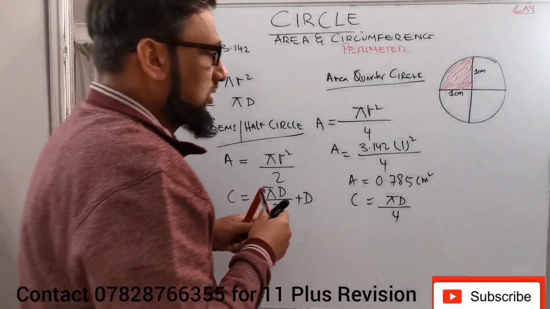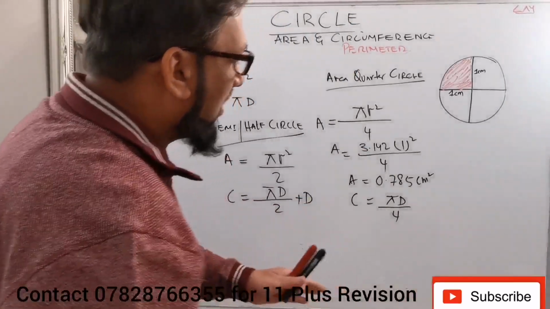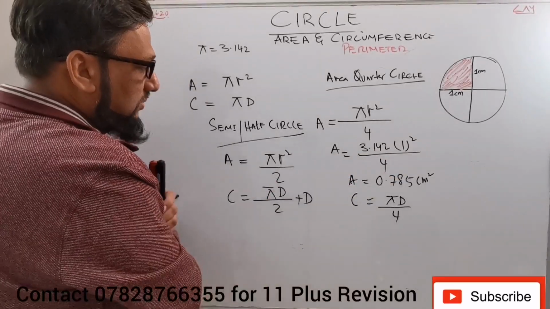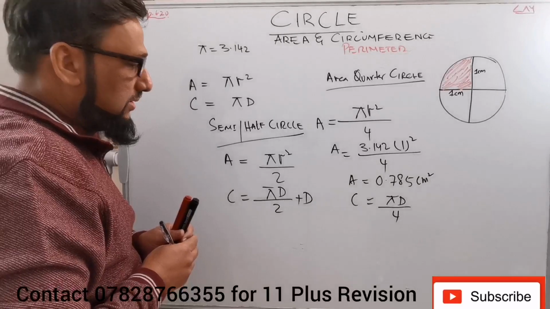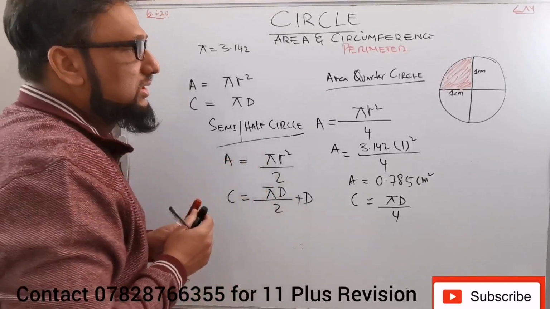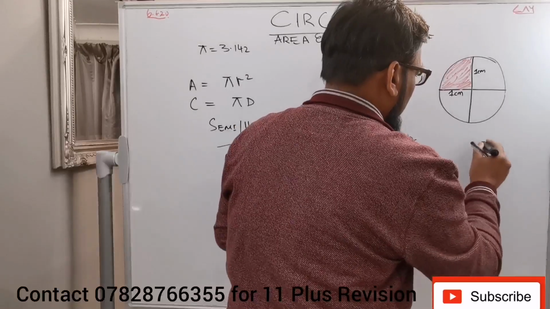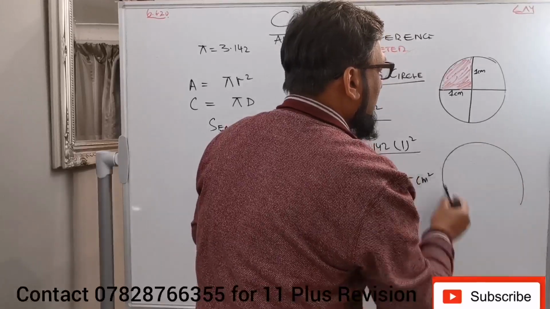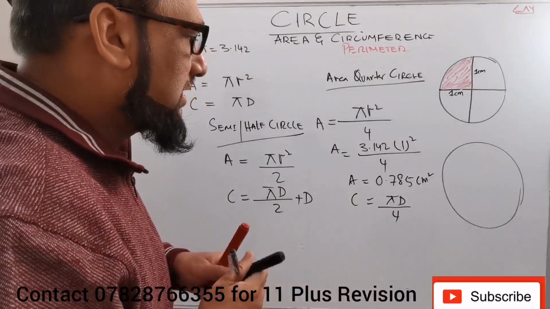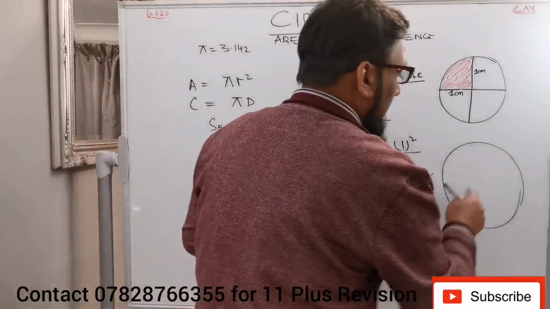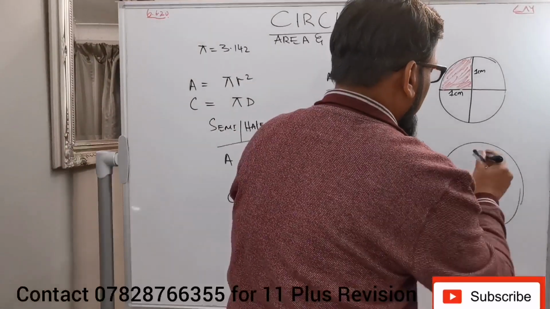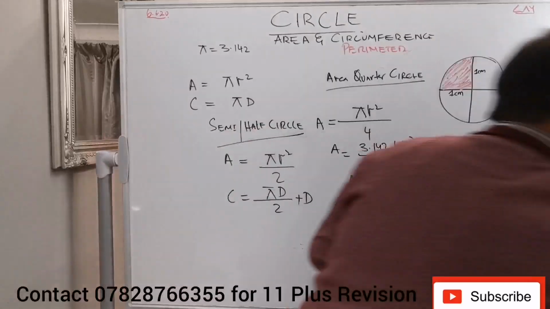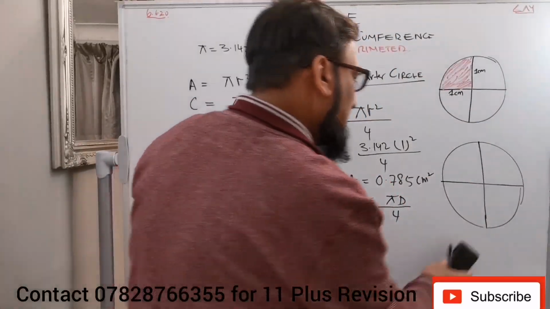But you need to understand that, same as for the half circle where we add D, the line across the circle, one point to another point, we add it in the formula. Look at here, if this is the circle and I divide it by 4, this one.